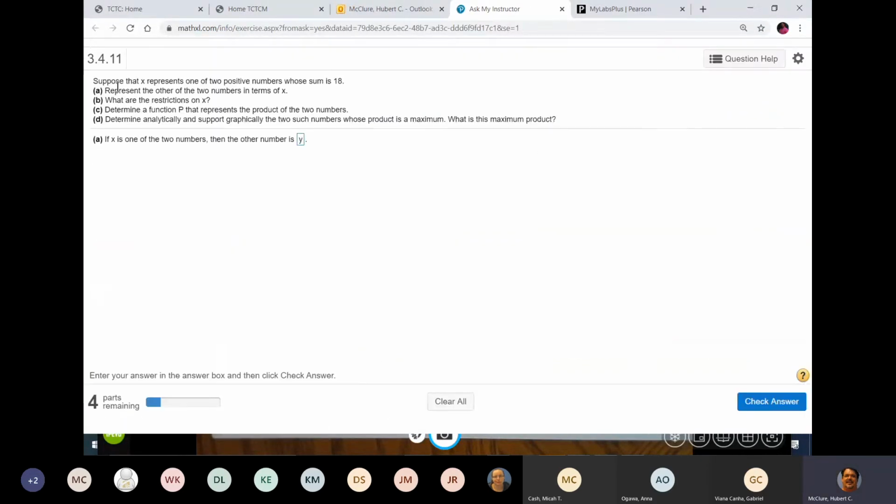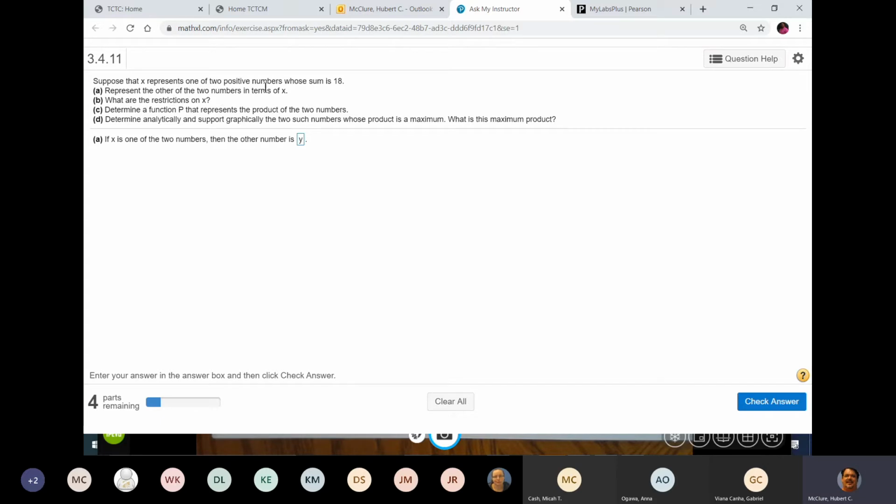Okay, suppose that x represents one of two positive numbers whose sum is, why do they do stuff like this, 18. Represent the other of the two numbers in terms of x. What are the restrictions on x?